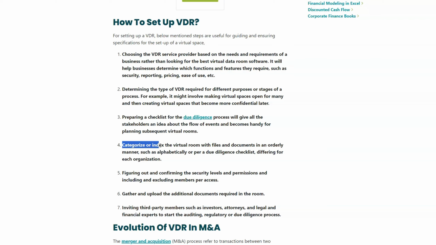Number four, categorize or index the virtual data room with the files and documents in an orderly manner, such as alphabetically or per a due diligence checklist, different for each organization.